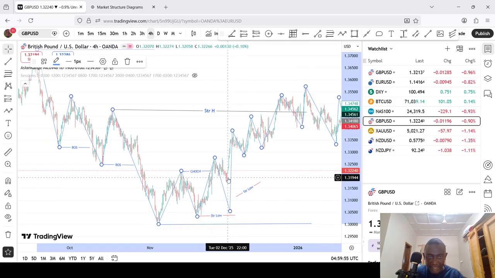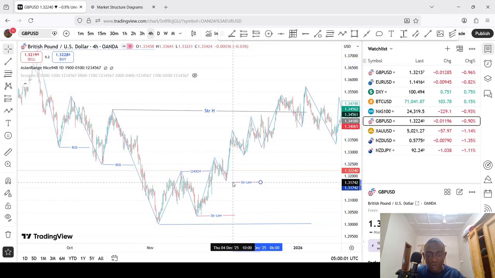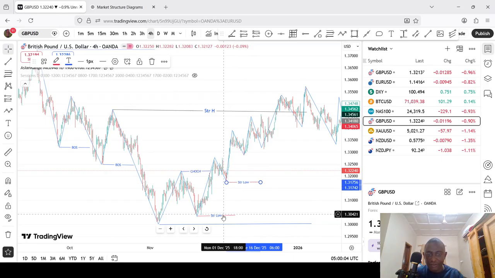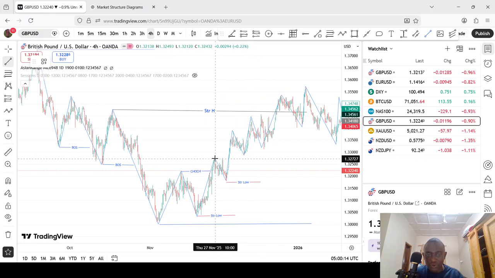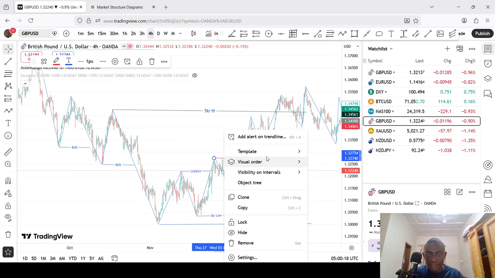But once here has confirmed this movement, it means here now becomes our strong low, and the focus is no more here. Then the same way, once price broke through this place, you mark that as BOS.